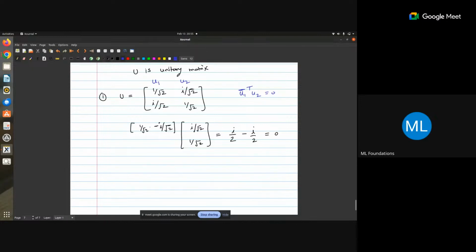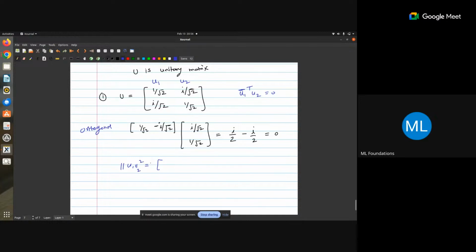Fine. And what is another condition? This says that these two vectors are orthogonal to each other, right? What is another condition to check whether they are normal? We will have to find out its length, right? And how do we find its length? We will have to take a square root, but I will do that later.